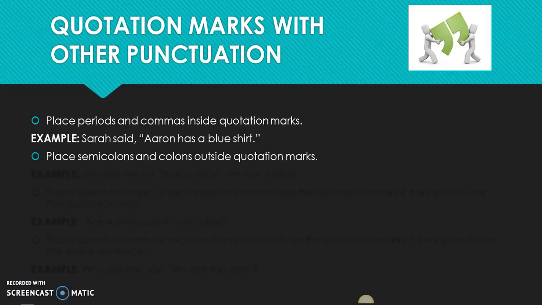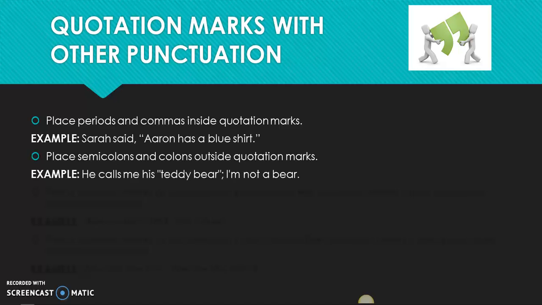Place semicolons and colons outside quotation marks. Example here: He calls me his "teddy bear"; I'm not a bird. So here is the intention to give emphasis to that. That was impressive, important, meaningful, so as to be quoted.